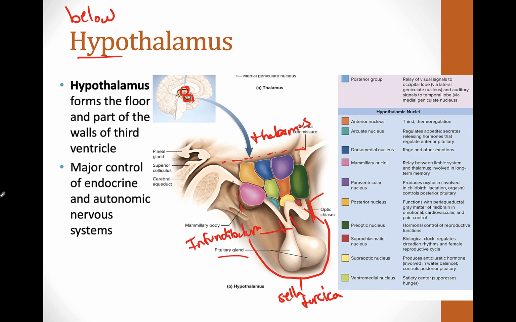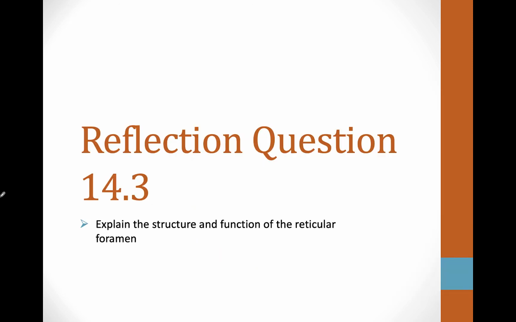And then the autonomic nervous system is going to be how your brain controls some of the body functions that you don't really think about. So like your heart rate, your breathing rate, your circulatory system, your digestive system. Autonomic nervous system is going to be responsible for things like fight or flight responses. So take a moment and describe the structure and the function of the reticular foramen.